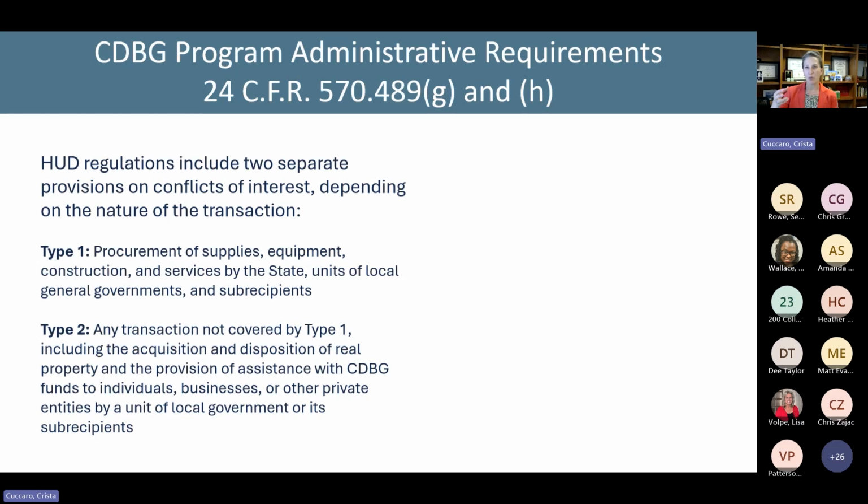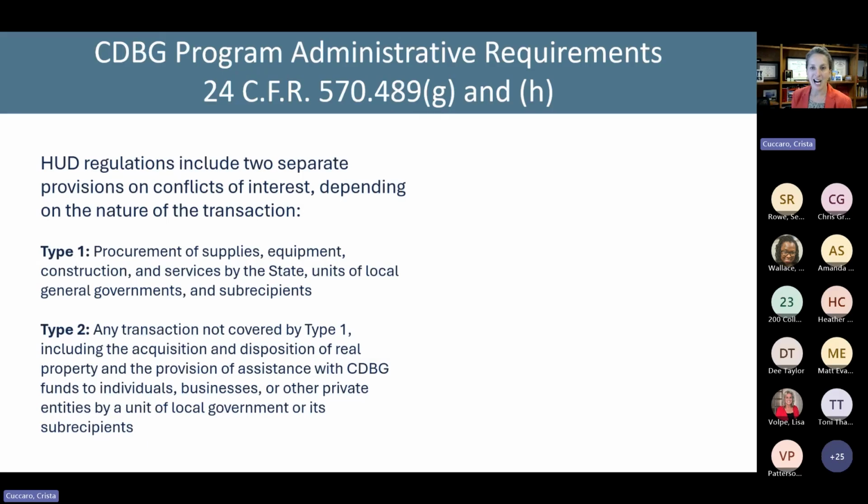There's type 1, which relates to procurement transactions, and then there's type 2, which relates to anything not covered in type 1, so things like the disposition and acquisition of real property and the provision of assistance with CDBG funds to beneficiaries. So type 1 and type 2 we find in subsections (g) and (h).